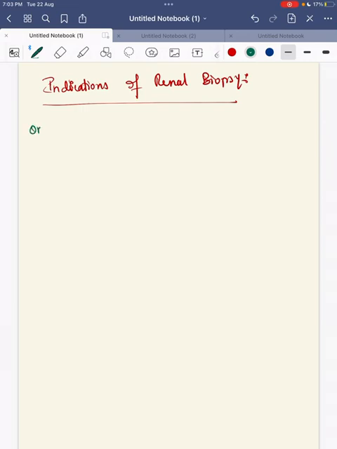Then I have to cover one more question here, that is always asked: indications for renal biopsy. This is a favorite question of all the examiners. The first indication is onset of nephrotic syndrome less than 1 year or more than 12 years.